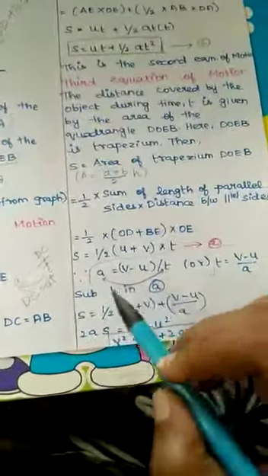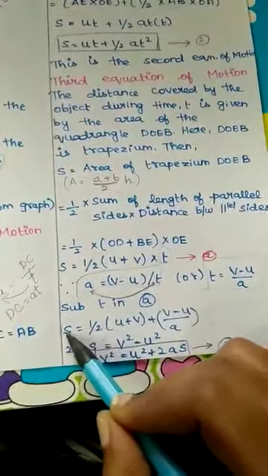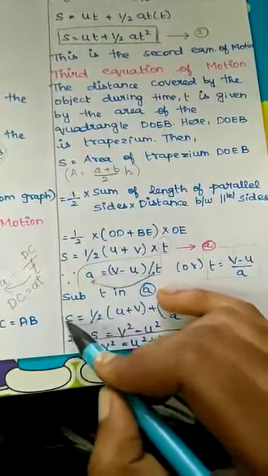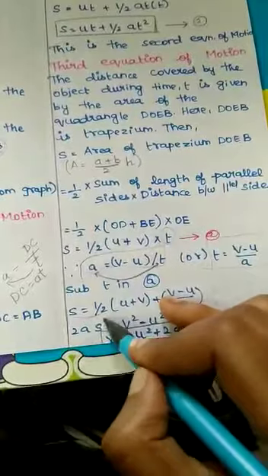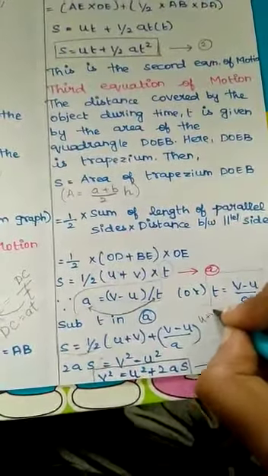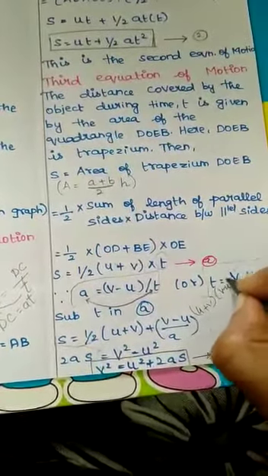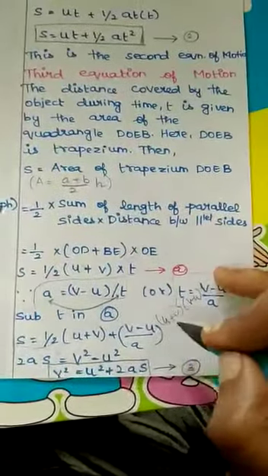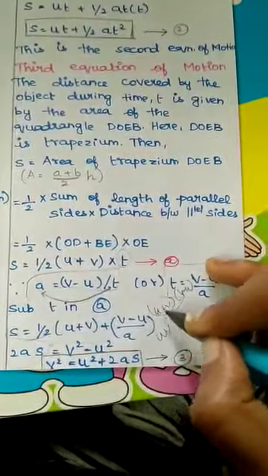Now what you have to do? You have to consider all this together. That is, this S will be joining with this 2 and with this A. So you will get 2AS. Now you will be left with U plus V and V minus U. What you have to do is multiply them inside one by one. So U into V will be UV.